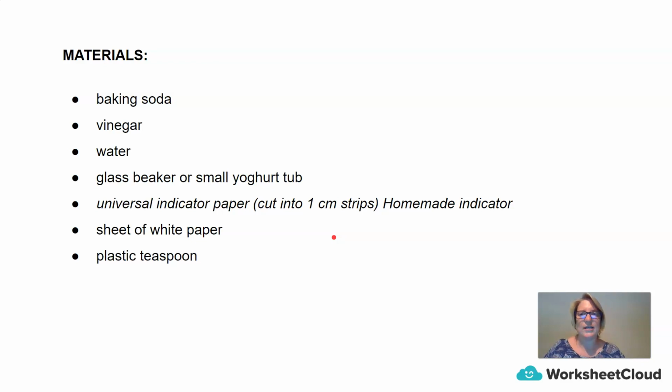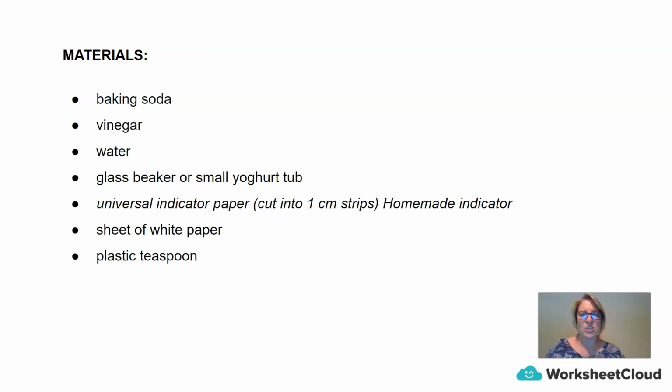If you would like to try an experiment at home, see if you've got these materials at home, and if you don't, please ask your parents or your guardians to get it for you. Remember, when you do these experiments at home, I really would like for an adult to supervise you, and remember to clean up as you go. So you'll need baking soda or bicarbonate of soda, vinegar, water, a glass beaker or a glass jar or a container, or even just a plastic yogurt tub or measuring cup should be fine.